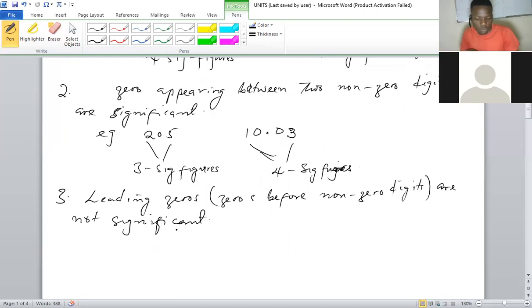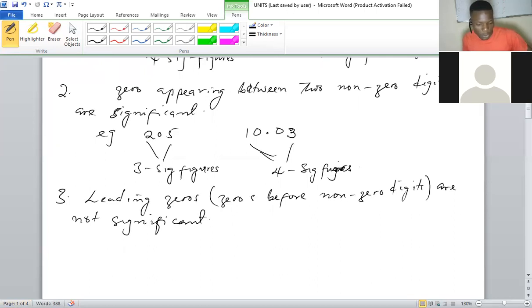You're going to see as we apply this in multiplication and addition what rules you take, because you don't just multiply and get the answer. No. You have to consider the significant figures of the numbers that you are multiplying.